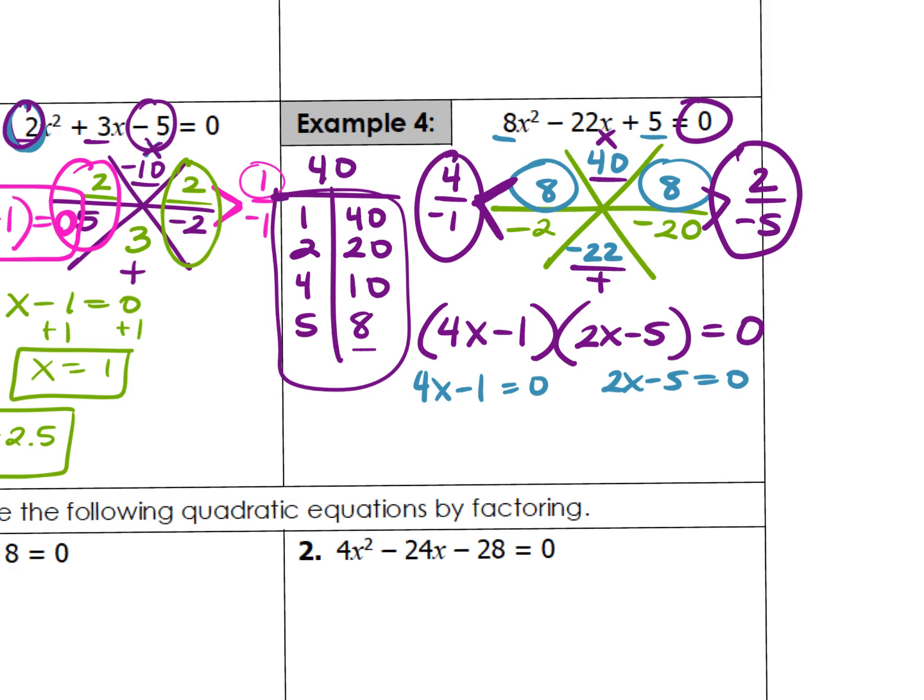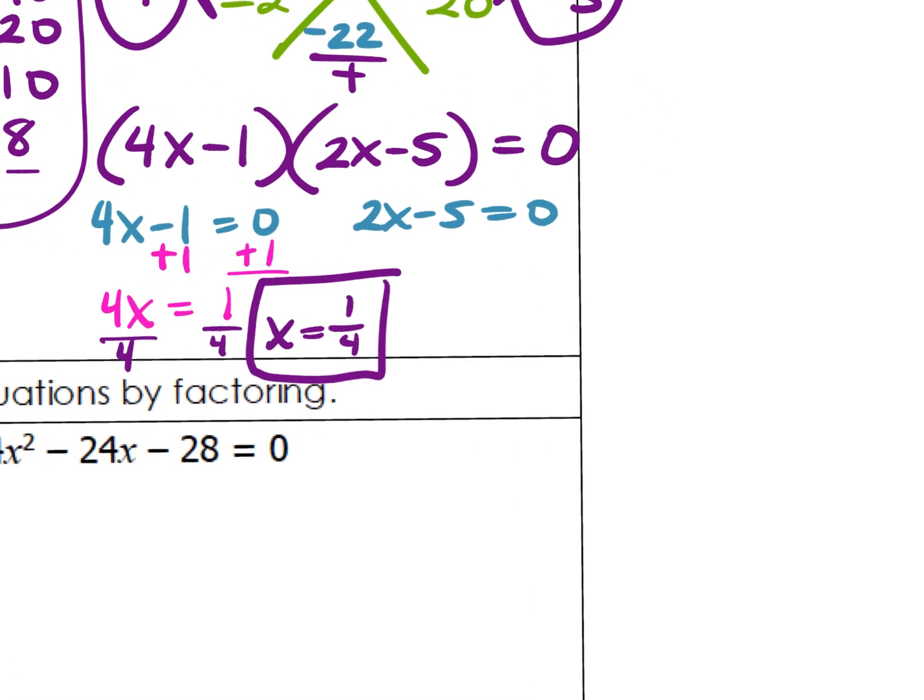And now we solve. So we're going to add 1. So 4x equals 1. Then divide by 4. So x equals, I would say just leave that as 1/4. If you write it as 0.25, that's fine. Okay, same thing on this one. Add the 5.